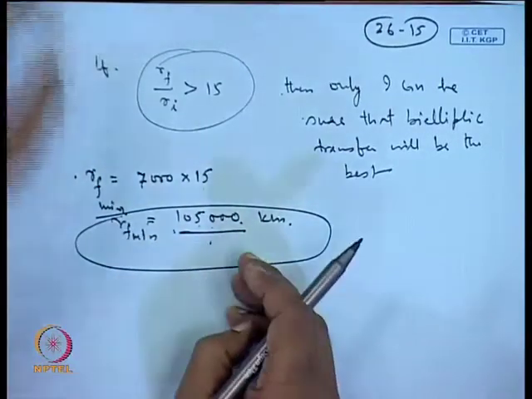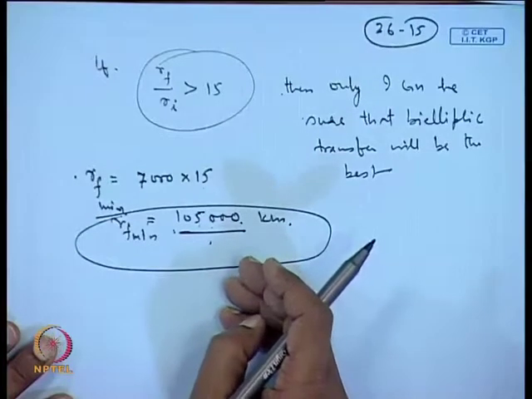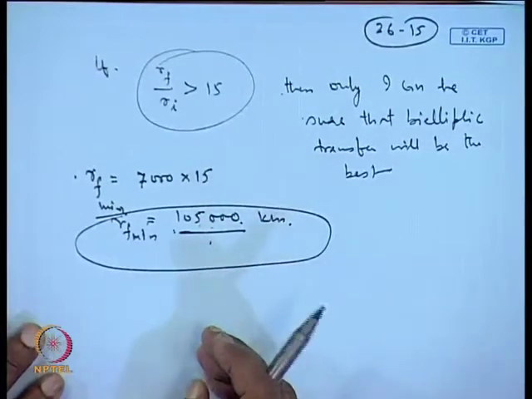For transferring into such an orbit, you will see that the amount of time required will be very high, as compared to the smaller orbit that we have taken for the transfer here.